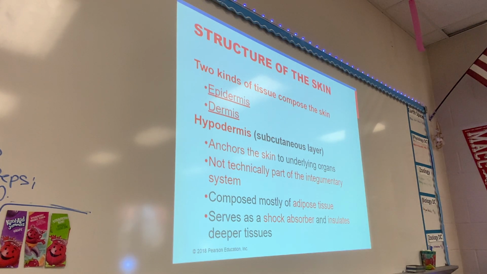The epidermis is the outermost layer and the dermis is the layer right underneath that, and that is the skin. The hypodermis is really just the in-between of the skin and the tissues underneath. It's mostly fat, kind of a shock absorber, kind of an insulator, but not really skin.